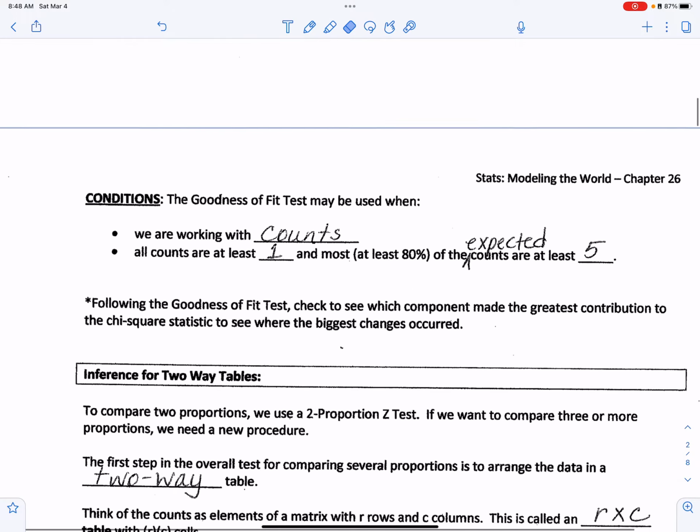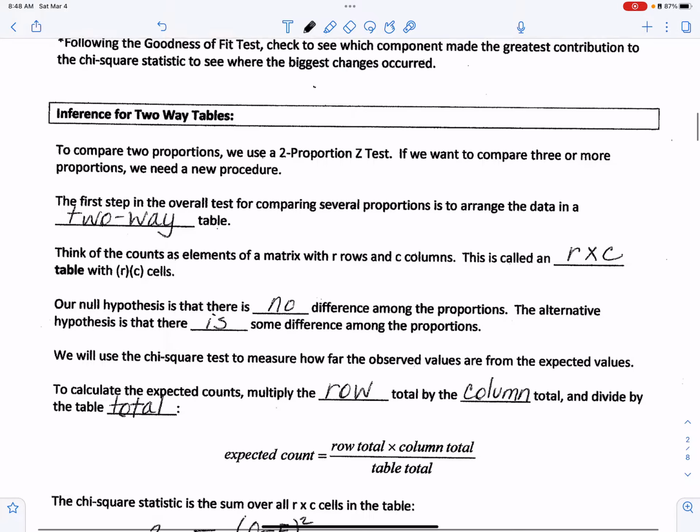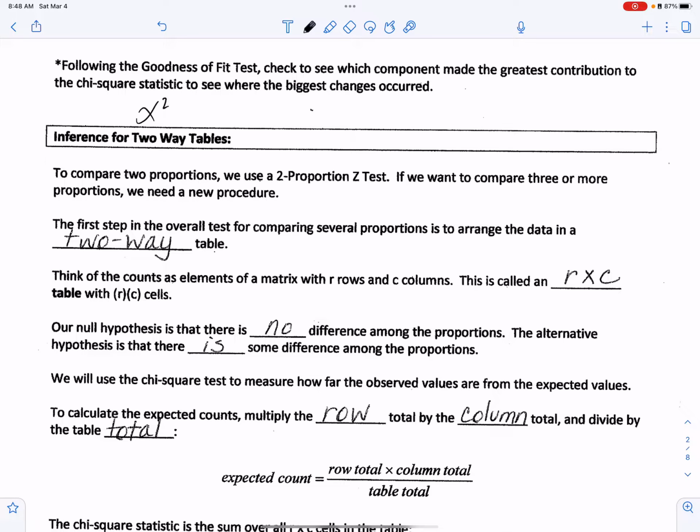Okay, so now moving to the chi-squared homogeneity and independence. Another name for that is a chi-squared two-way test. So when it comes to naming your test, you can call it the chi-squared two-way test because you have it for independence and for homogeneity.